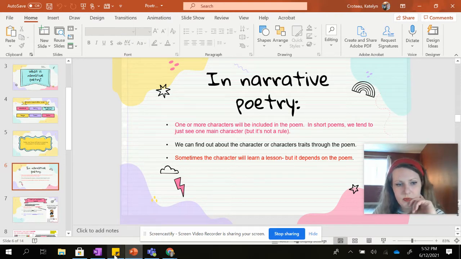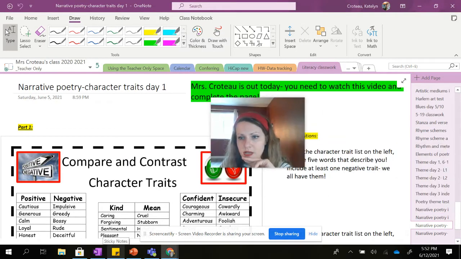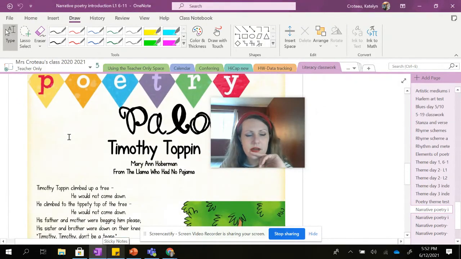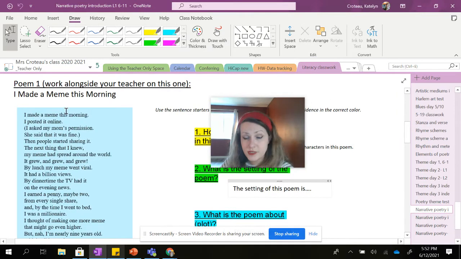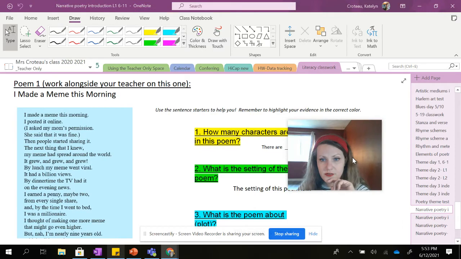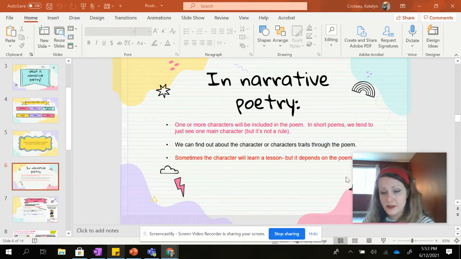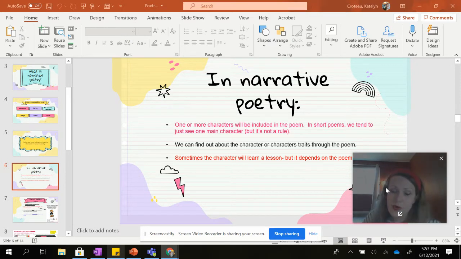And then we also were looking at the meme poem, which really was, again, just the main character who was the narrator and the character. And then mom was in it for like 2 seconds, right? So yes, there will often be a couple characters, but often there's just one main character that's throughout the poem.